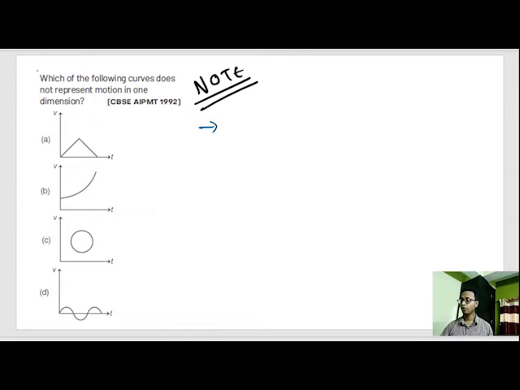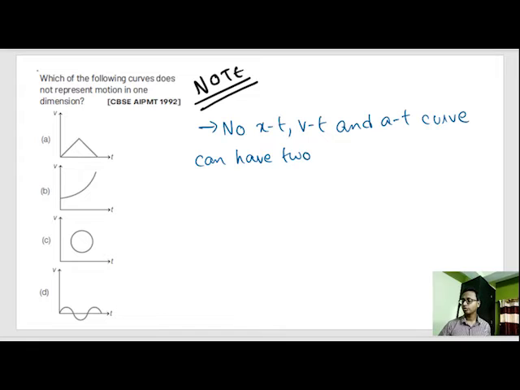No xt, vt or at curve can have two values on the y-axis for a single value on the x-axis.